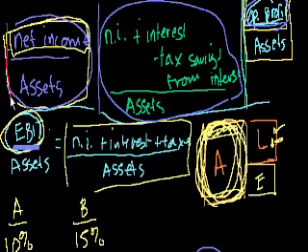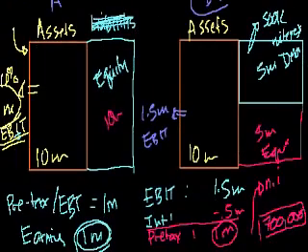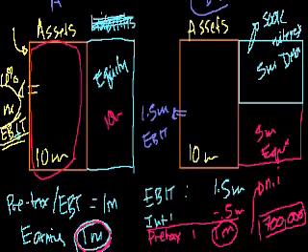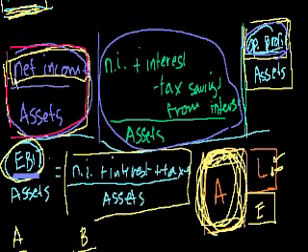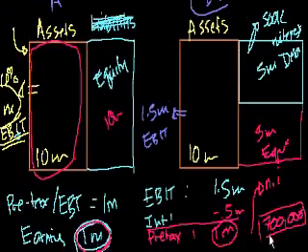Now let's look at what we would get in terms of an ROA if we did it using this definition that some textbooks will give you. For the first guy, his net earnings are $1 million and his assets were $10 million. So by this definition up here, Company A has a 10% ROA. By that definition over here, this guy made $700,000 of net income off of $10 million.